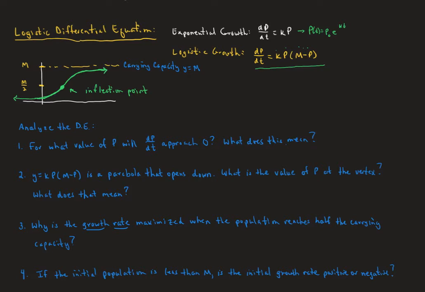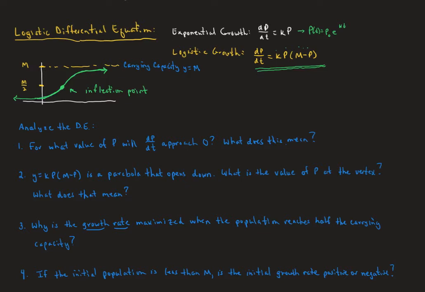So we're going to ask and answer some questions about this to get a better understanding of what it is really telling us, both the differential equation and what that graph has, what the significance of it is. So the first question is, for what value of P will dP/dt approach 0?